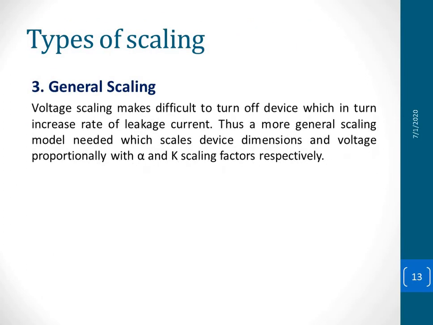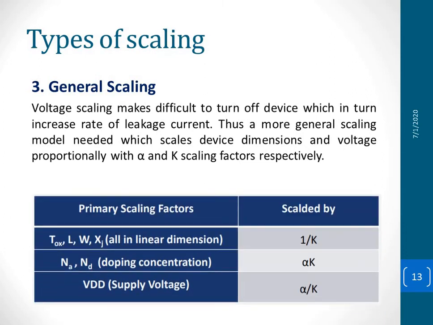Next, the third type of scaling is general scaling. Voltage scaling makes it difficult to turn off the device, which in turn increases the rate of leakage current. Thus a more general scaling model is needed, which scales device dimensions and voltage proportionally with alpha and K scaling factors respectively.